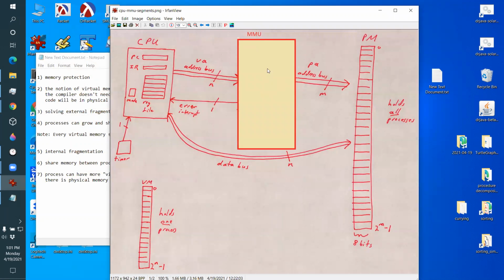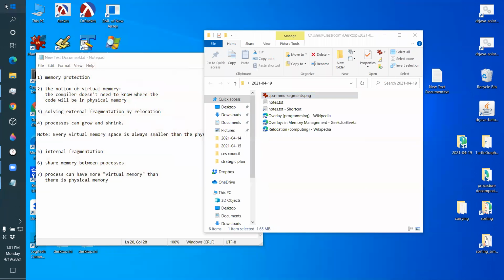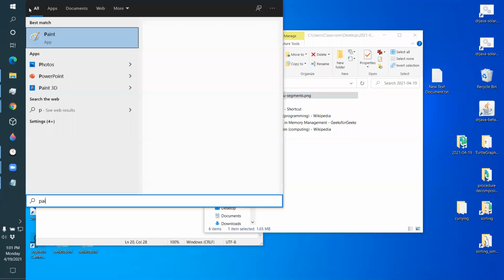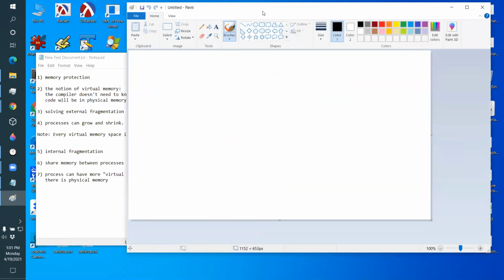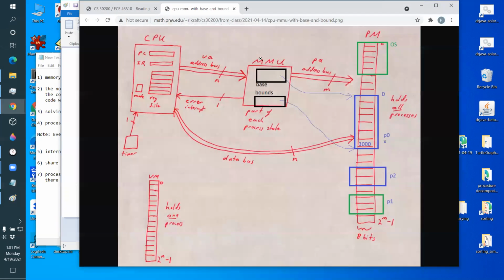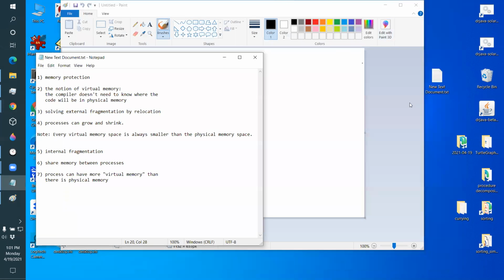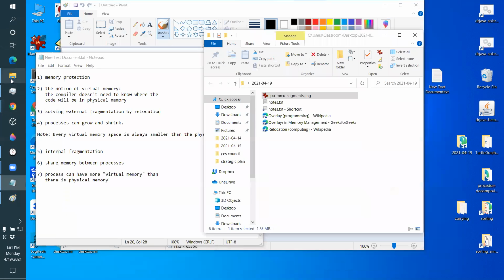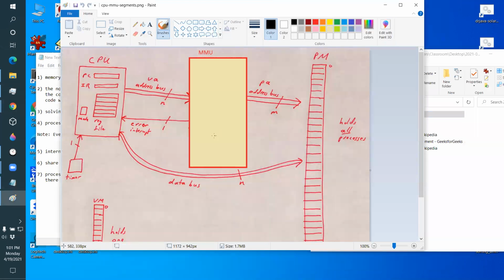What I'm going to do is open this in Paint. It's not really a complicated idea. It's a fairly straightforward one.